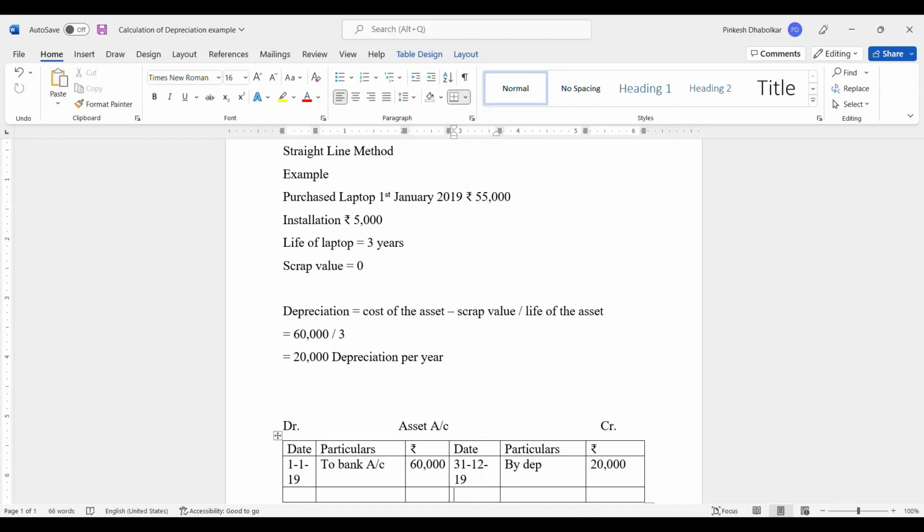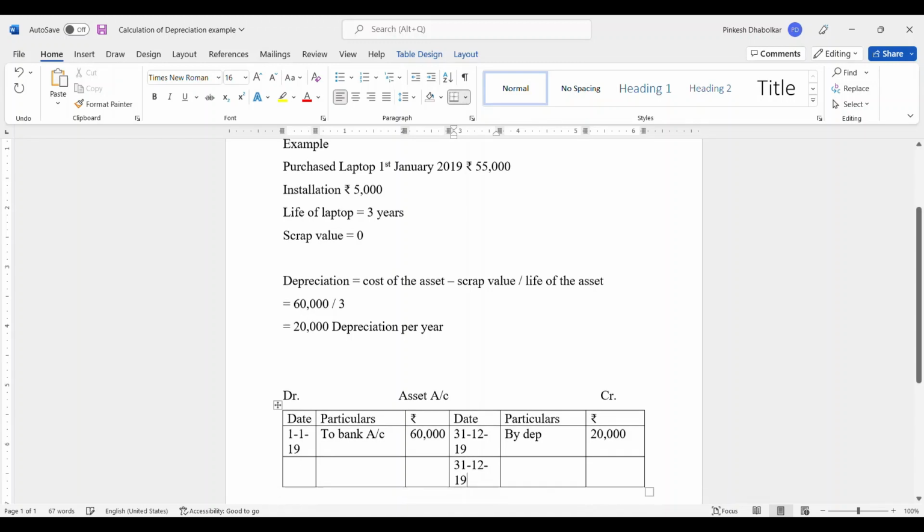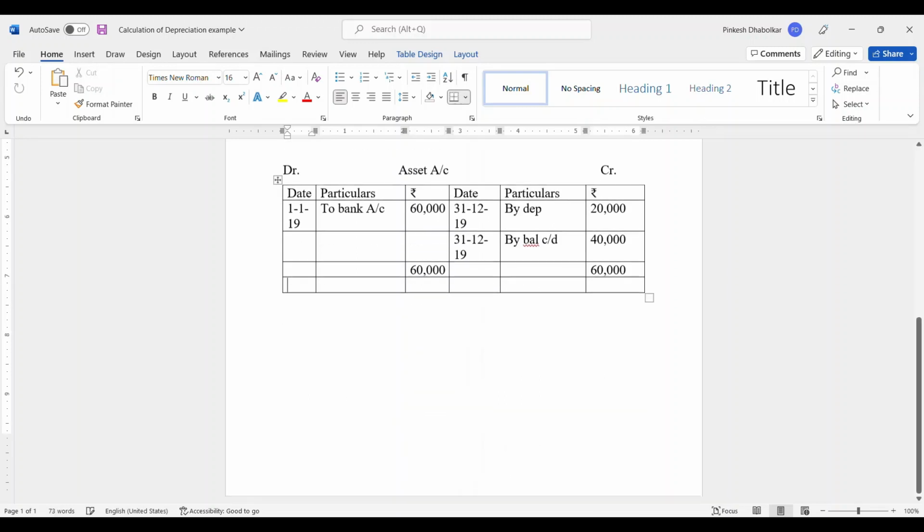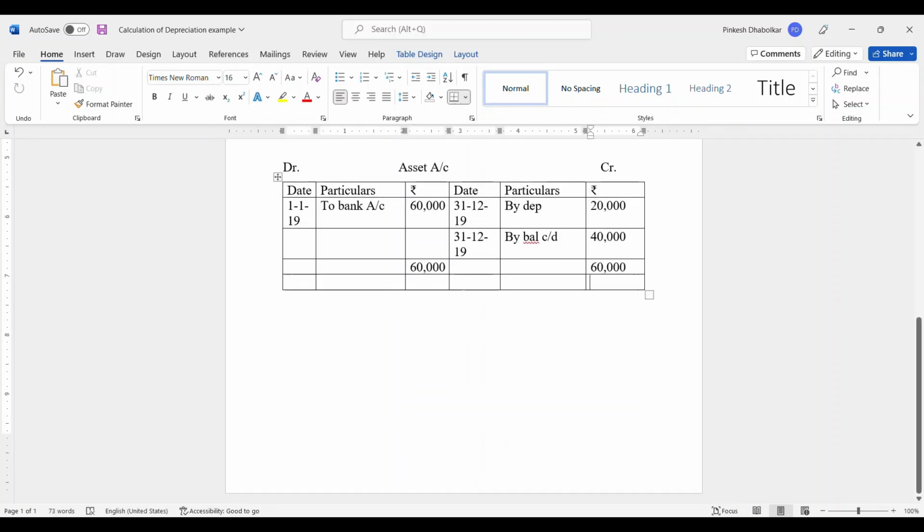So next entry will be again on 31st December 2019. It will be by balance carried down. What is the balancing figure over here? Balancing figure is rupees 40,000. So total amount 60,000. Again, the amount on the credit side 60,000.